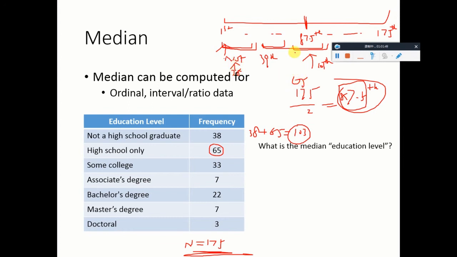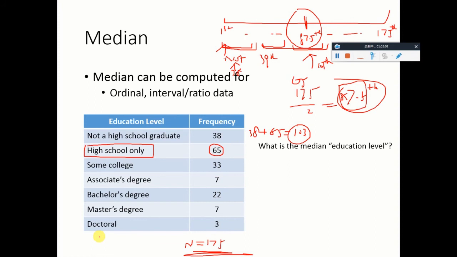So now this category, high school only, includes this person, which divides the whole sample into 2/2. So that's why our median education level is high school only.